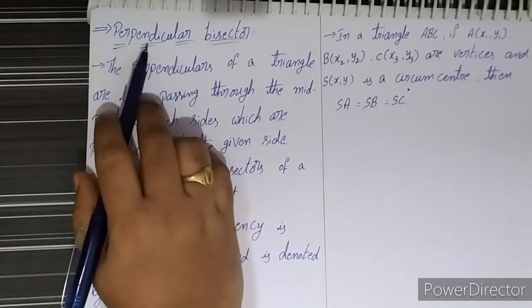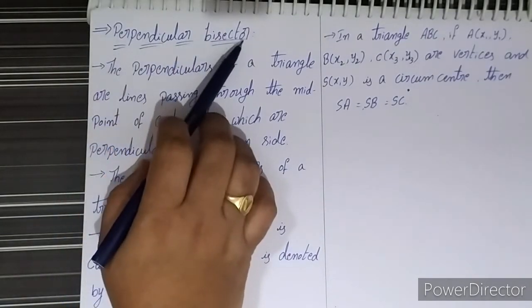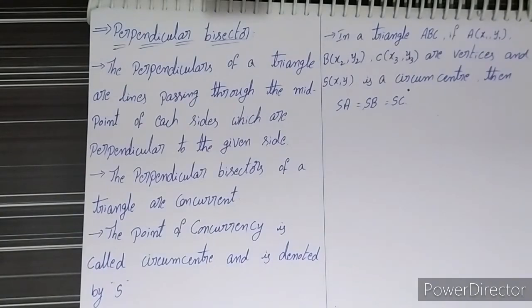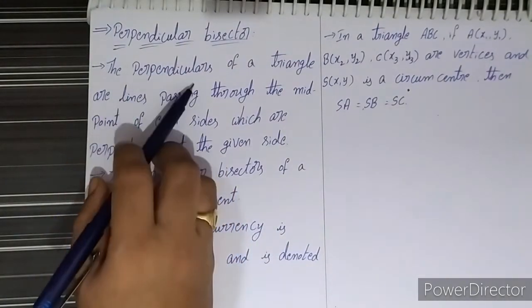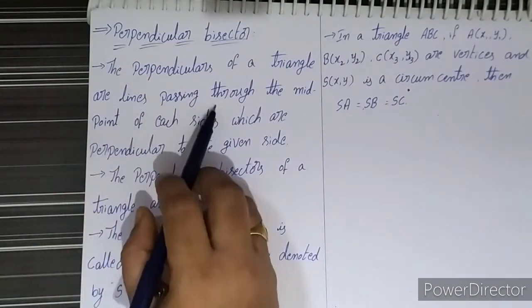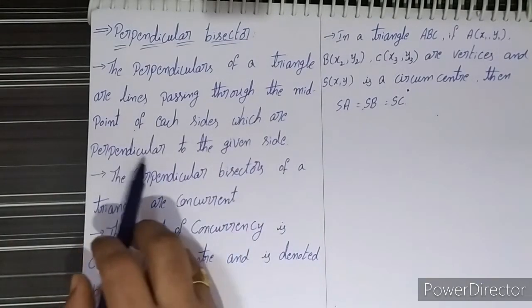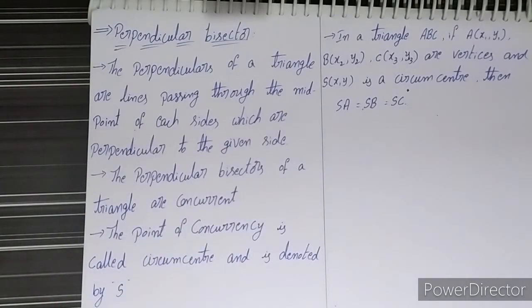Next, the next topic is perpendicular bisector. The perpendicular bisectors of a triangle. The definition is: the perpendiculars of a triangle are lines passing through the midpoint of each side which are perpendicular to the given side.